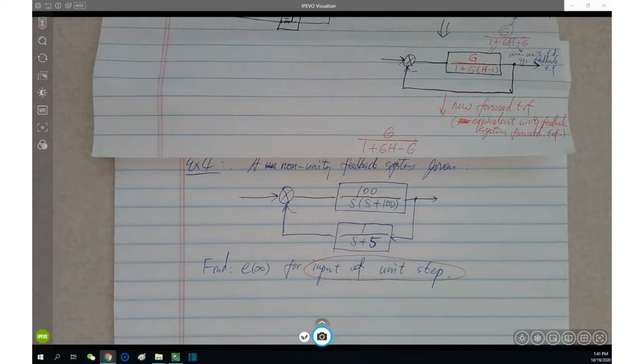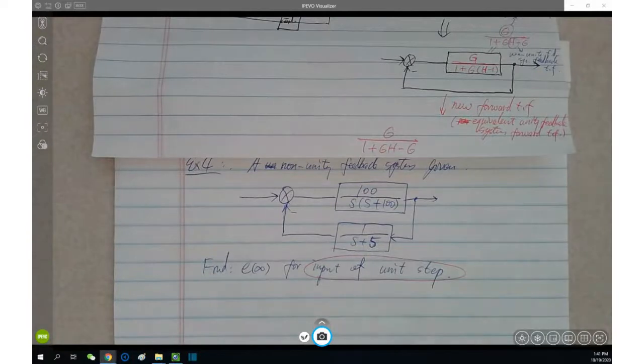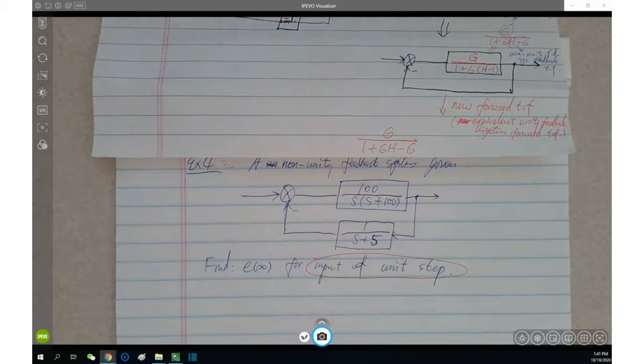I think I'm not giving the wrong problem, but no, I don't think so. Any other answers? Well, no, 0.2 is not right either.